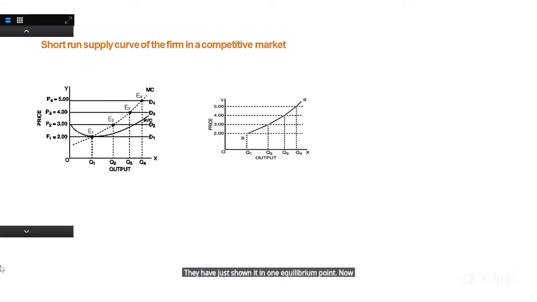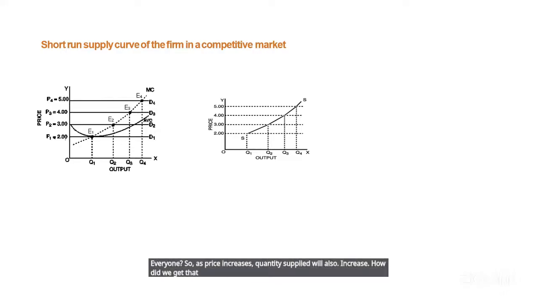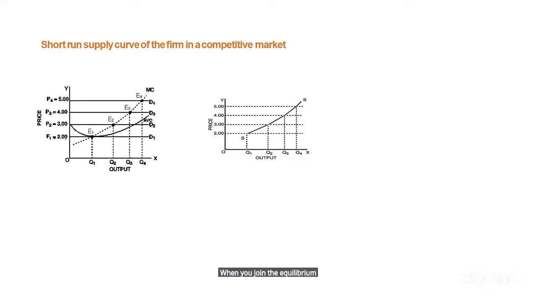Now you see how the short run supply curve of the competitive market is formed through MC curves. Are you able to understand this diagram? So as price increases, quantity supplied will also increase. How did we get that supply curve? From the upward sloping MC curve when you join the equilibrium points. Am I clear?